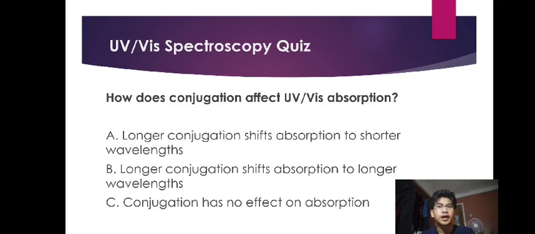Number 2, how does conjugation affect UV visible absorption? A. Longer conjugation shifts absorption to shorter wavelengths. B. Longer conjugation shifts absorption to longer wavelengths. Letter C. Conjugation has no effect on absorption.